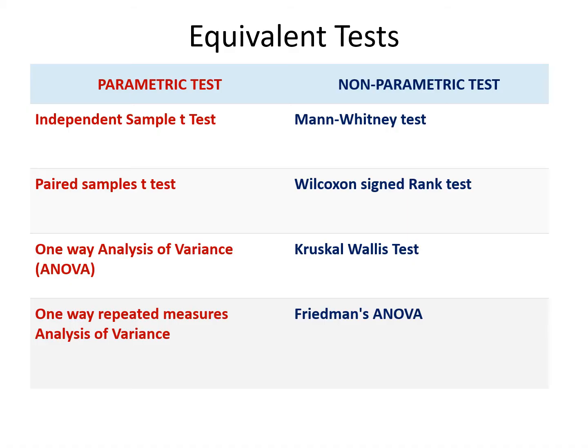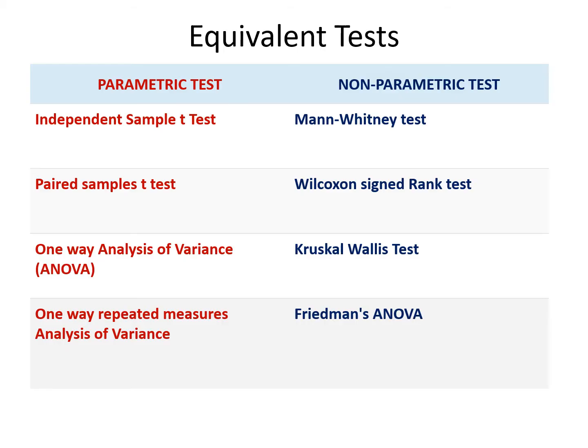For non-parametric, the equivalent of the independent sample t-test, involving categorical variables or attributes and variables, you make use of Mann-Whitney. So if you hear that the Mann-Whitney test is being applied, then this is a non-parametric test.